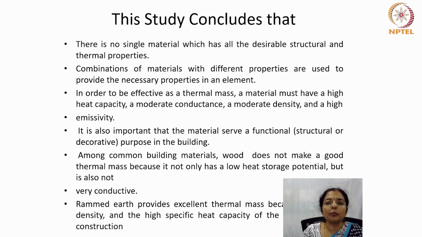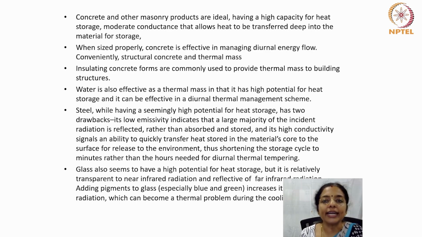Rammed earth provides excellent thermal mass because of its high density and the high specific heat capacity of the soil used in its construction. Concrete and other masonry products are ideal as they have high capacity for heat storage and moderate conductance. That allows heat to be transferred deep into the material for storage.